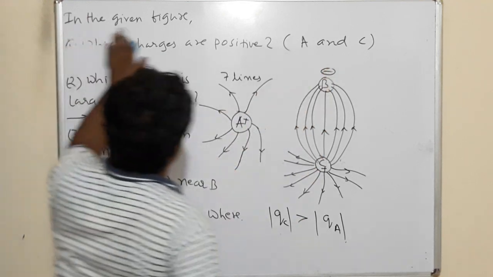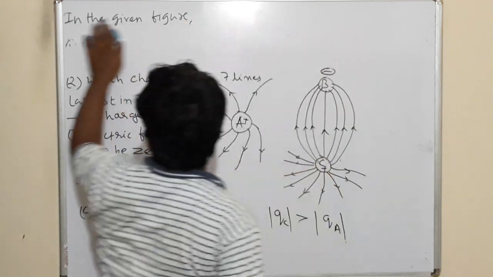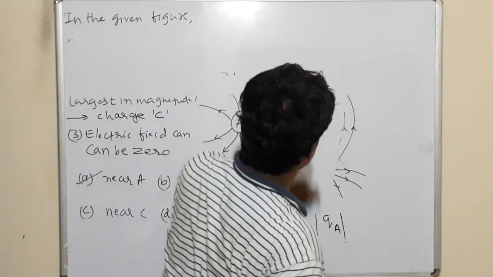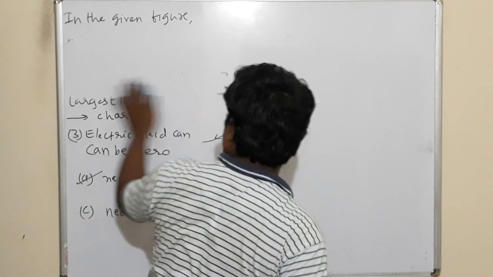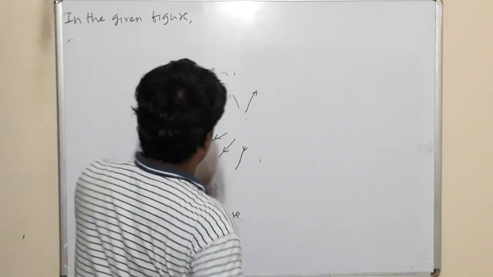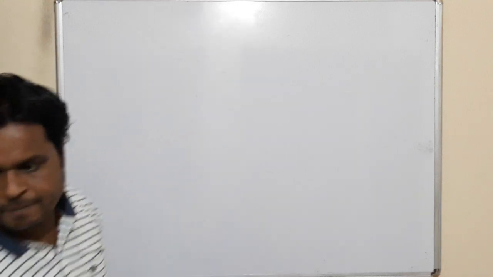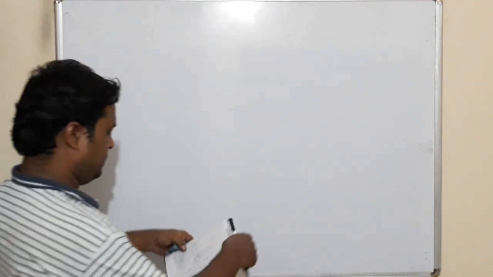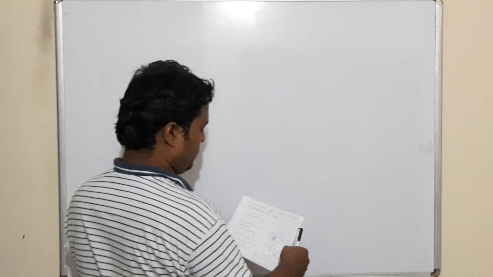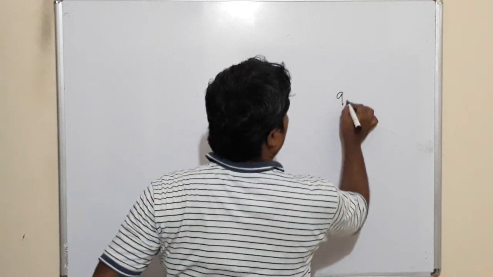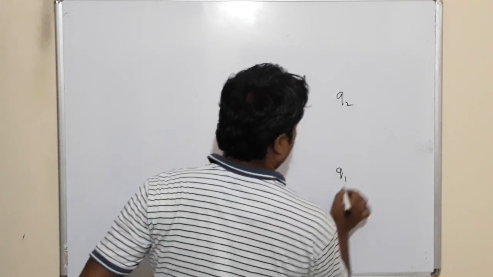If they ask you to calculate the magnitude of the charges, or the ratio of charges, see, another example. This is Q2. This is Q1.